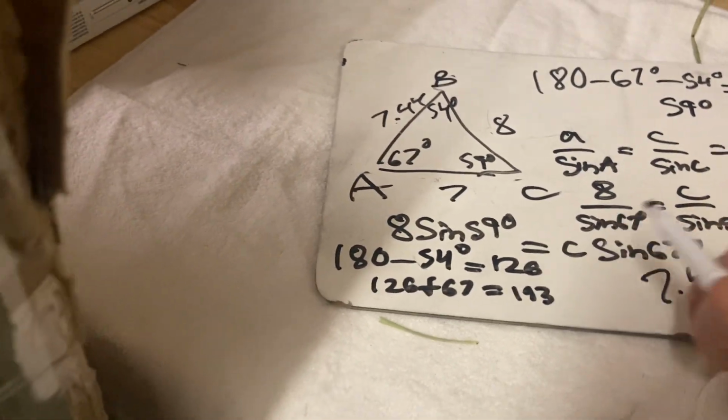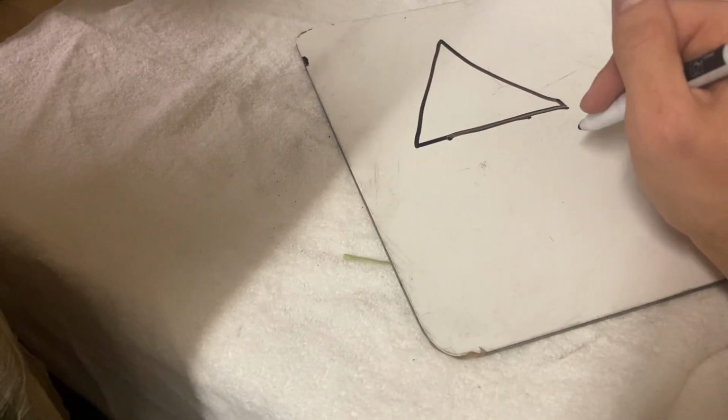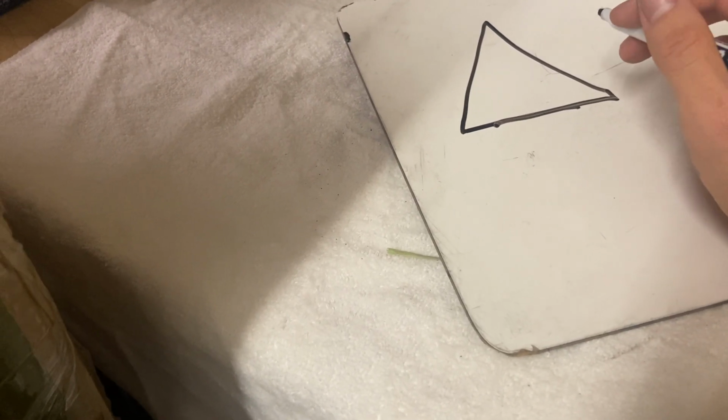So let's try a problem, or to say a triangle, with no solution. Okay, so let's always draw our triangle. A, B, C. Let's say angle A is 71 degrees, side length A is 5, then C is 9.